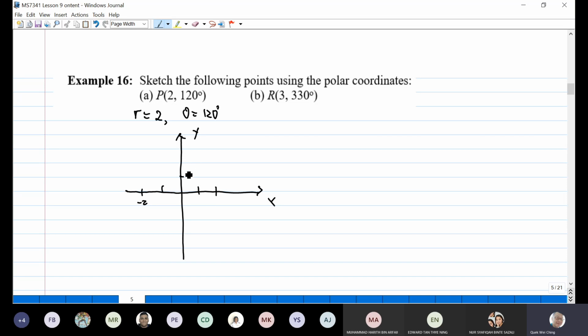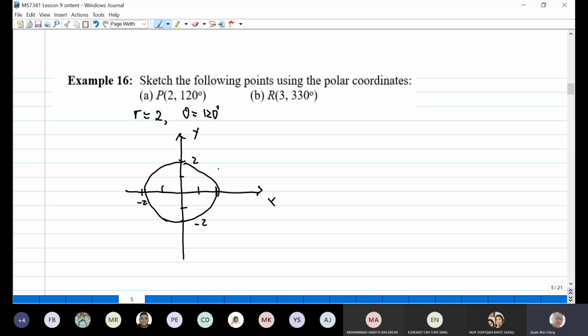So r equal to 2 means the distance from the origin is 2, so you can actually draw a circle with this radius 2. So the point is on this circle. The distance from this circle to the origin is 2, right?